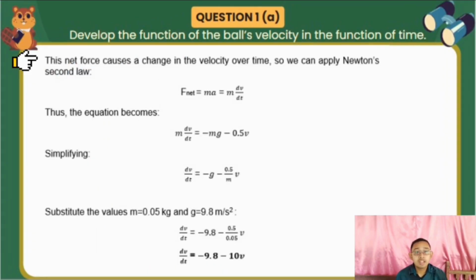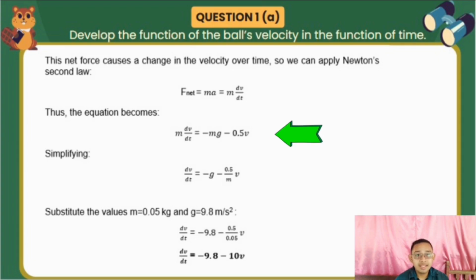This net force causes the velocity to change over time, so we apply Newton's second law: F net equals ma, F net equals m dv/dt. Thus the equation becomes m dv/dt equals negative mg minus 0.5v.